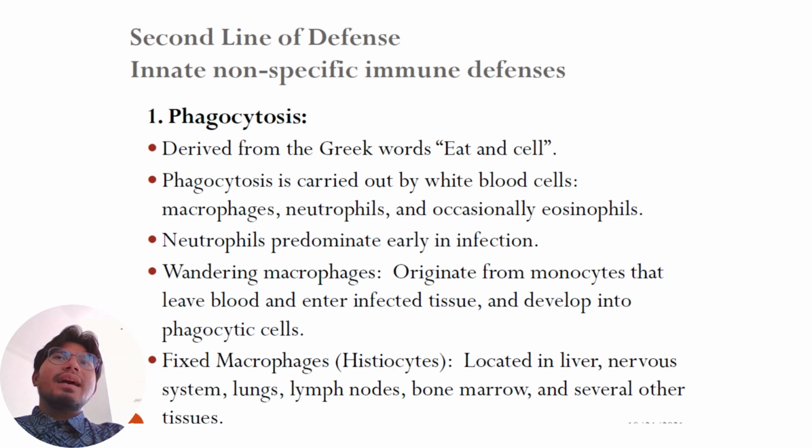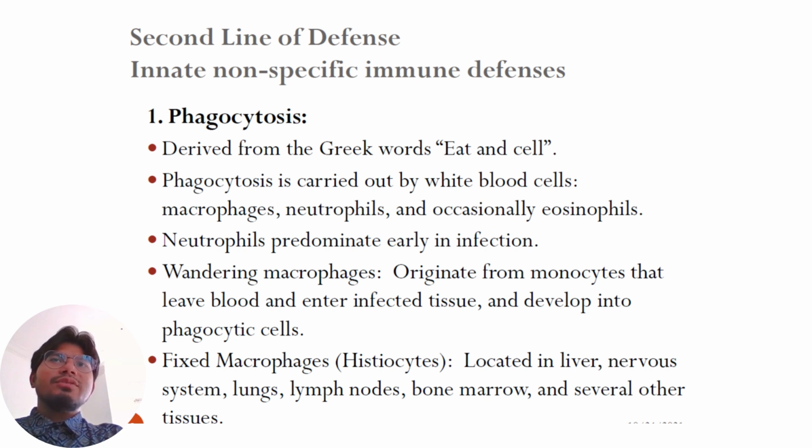Okay, in second line body defense, I mentioned just now we have inflammation, and inflammation provides the body access for the white blood cells to go to that particular site of infection, and at the site of infection, usually phagocytosis will take place.